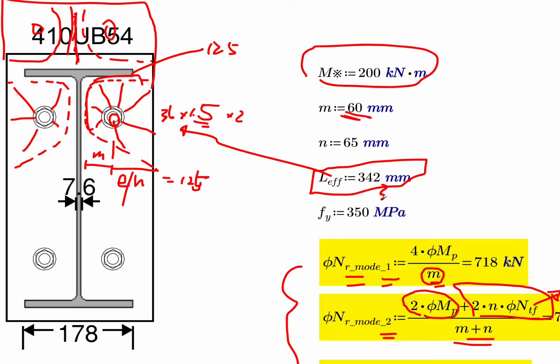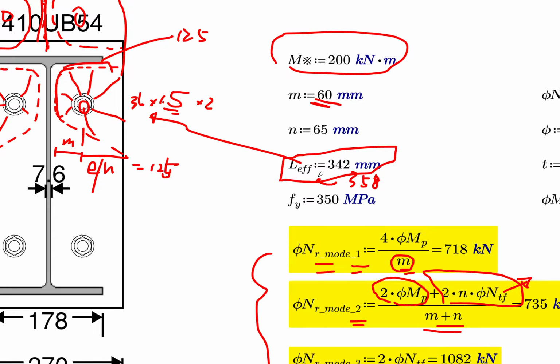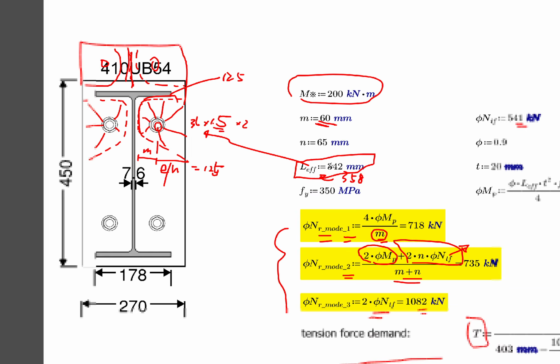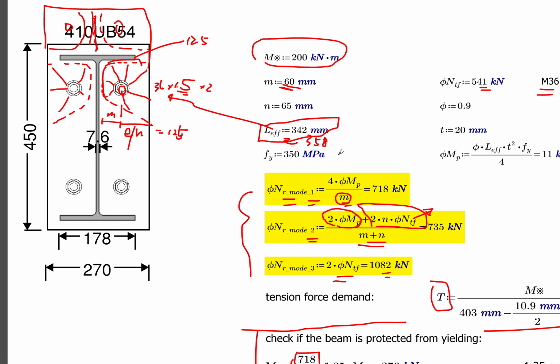That gives me about 350-something, 358-something. So it's roughly close. It's not 100%, but it's close, and it saved me time looking for the formula for L eff. I'm going to use that.